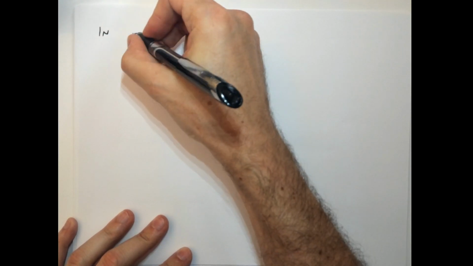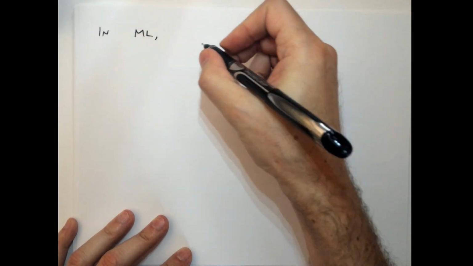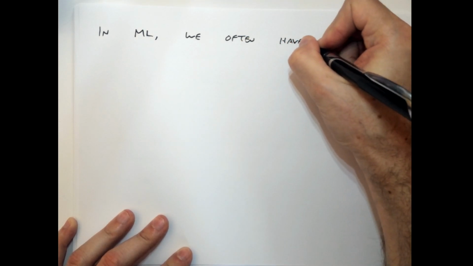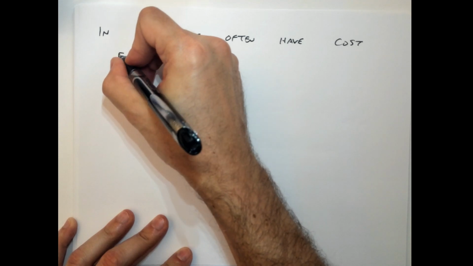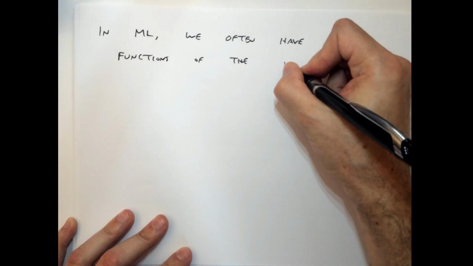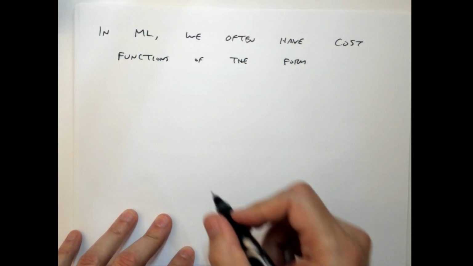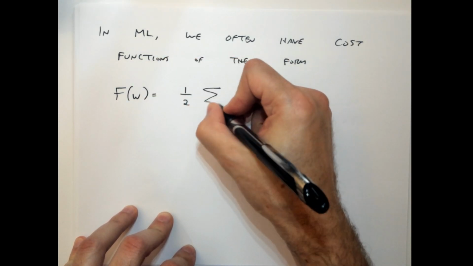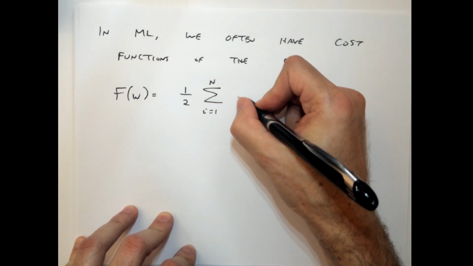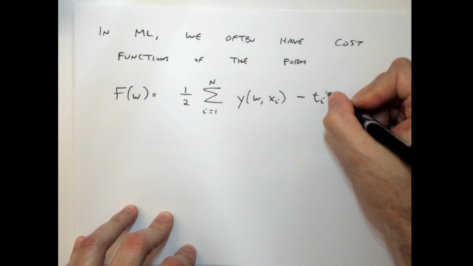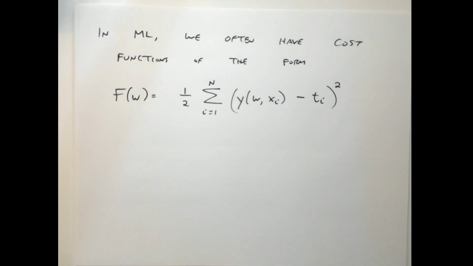So in machine learning, we often have cost functions of the form something like this. We have the sum of squares like this, right?